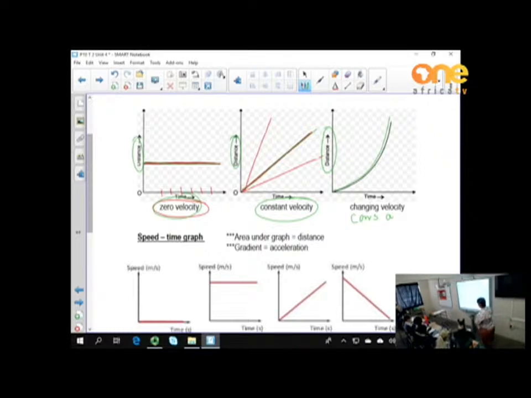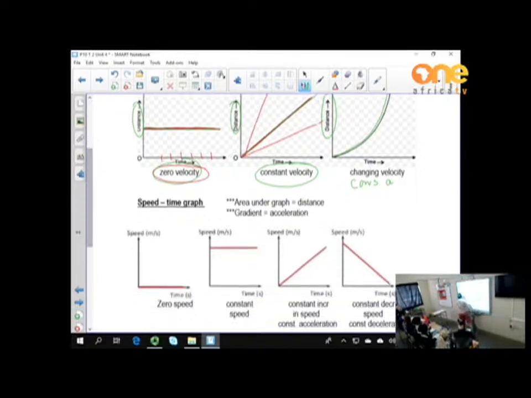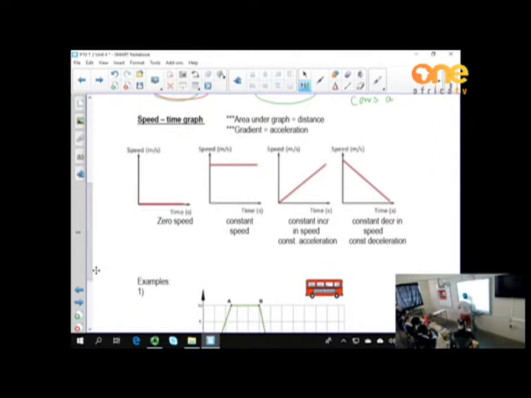Now, in the next set of graphs, these were distance time graphs. Here I have speed time graphs. If my velocity is 0, then here we have velocity and there we have time, so that is what my graph would look like. As the time goes by, my speed is 0.